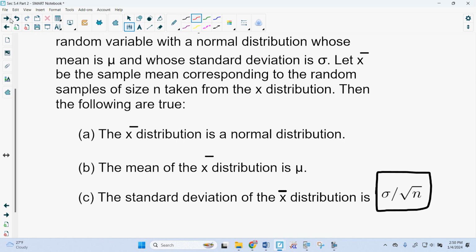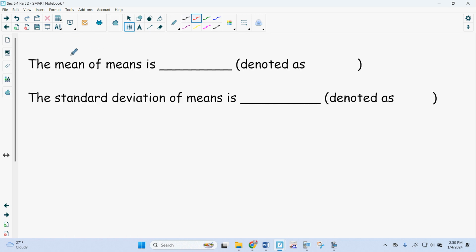Okay. Now, the way we denote the mean of the means, so to speak, is that the mean of the means is still mu, and the standard deviation of those means, the sampling distribution, is sigma over the square root of n.